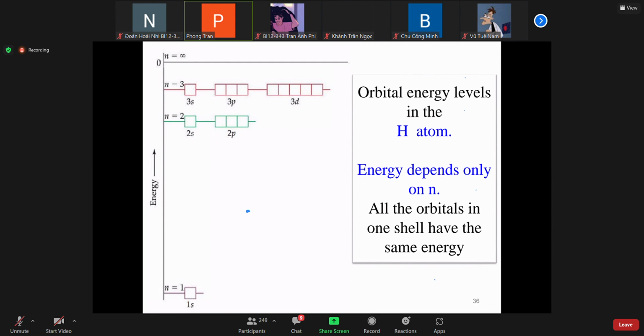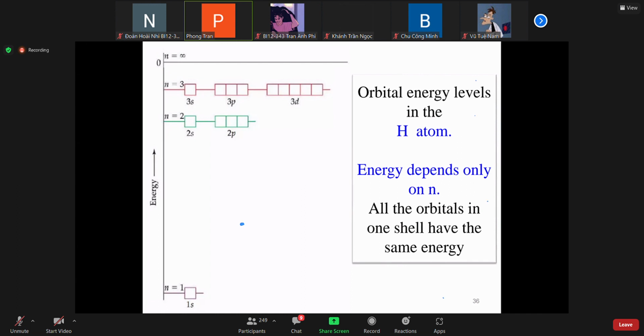Okay, so all orbitals in one shell have the same energy. So let's say if you have orbitals 2s and 2p, they are in the same shell, so they have the same energy. So here you see that you put them at the same level of energy.